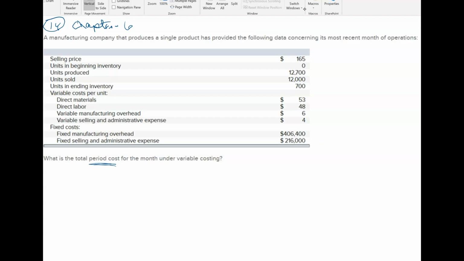So we're going to have to remember what goes under variable costing and what goes under absorption costing. For variable costing, we're looking at variable selling and admin, which is 4 times 12,000 units that they sell.